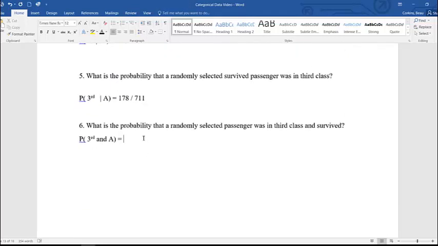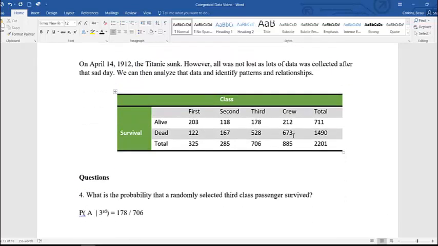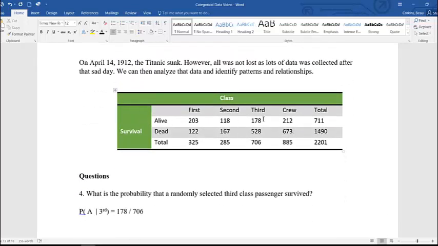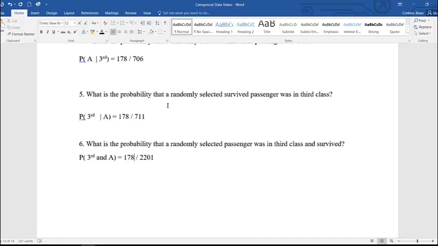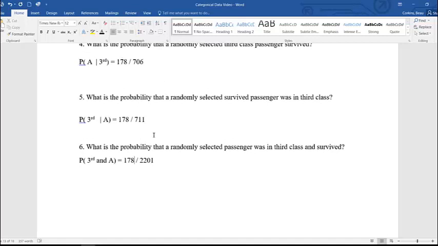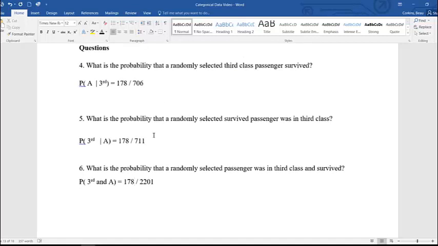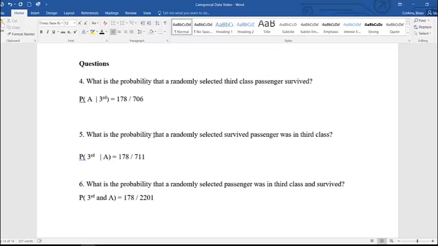That is the entire population, in this case, the entire sample. All right, then probability third and survived, that again is the 178. So notice the numerator uses that 178, but the denominator changes in each situation. So you have to read these problems very carefully.